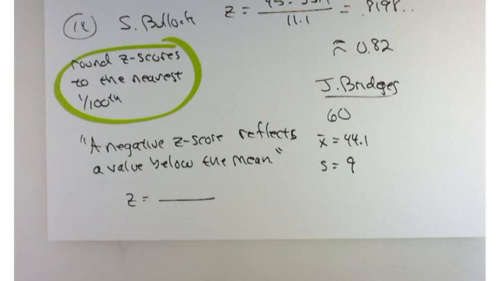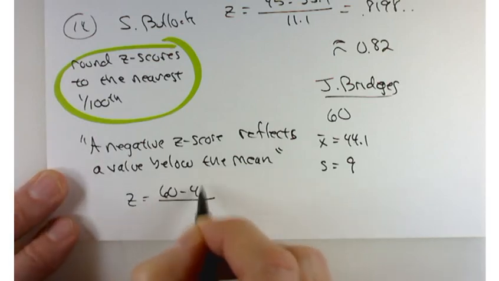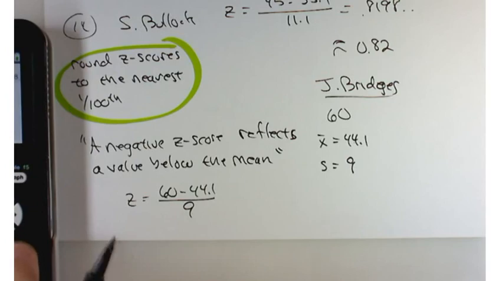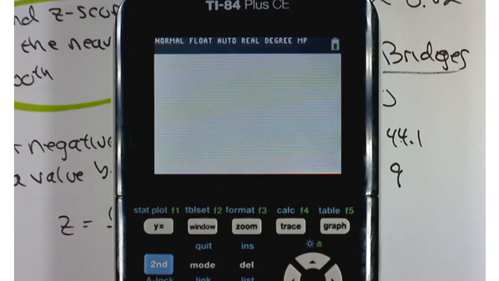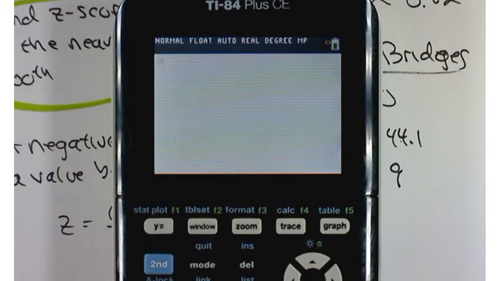So the calculation should look like this. Your z-score is going to be 60 minus 44.1 divided by 9. Now, it's not something that you really need to worry about. Learning a little finesse: if you hit the second or the alpha key, then the y equals key on your graphing calculator, then it gives you kind of a normal fraction like we would write.